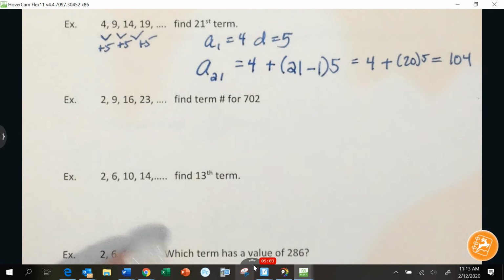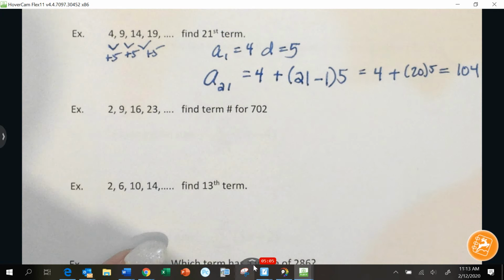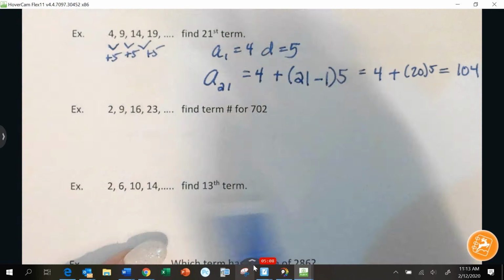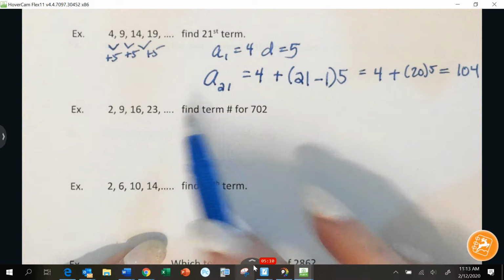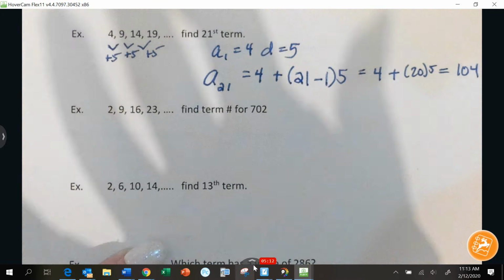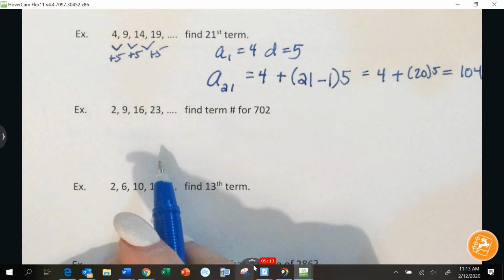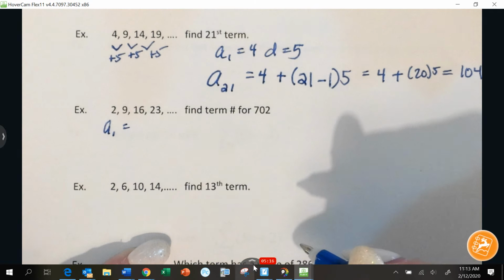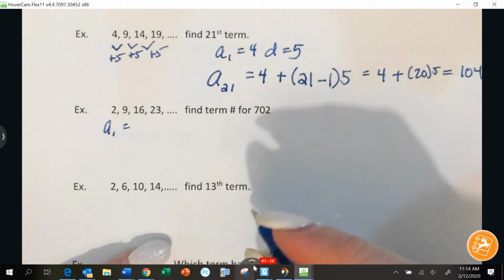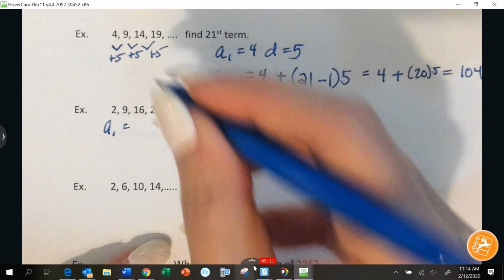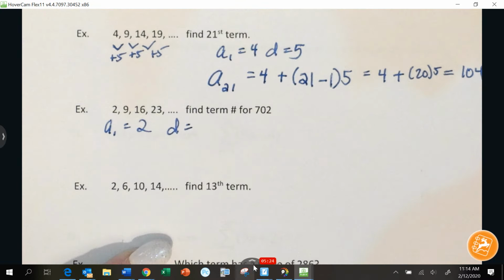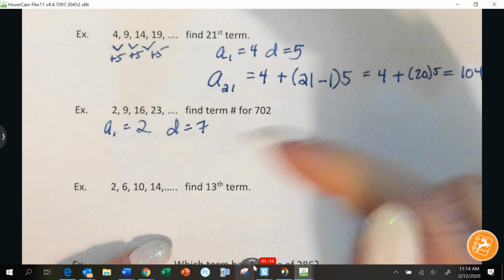Next question. Find the term number for 702. So 702 is one of these terms. Which term is 702? So what's our first term? 2. Common difference, 7. Formula.